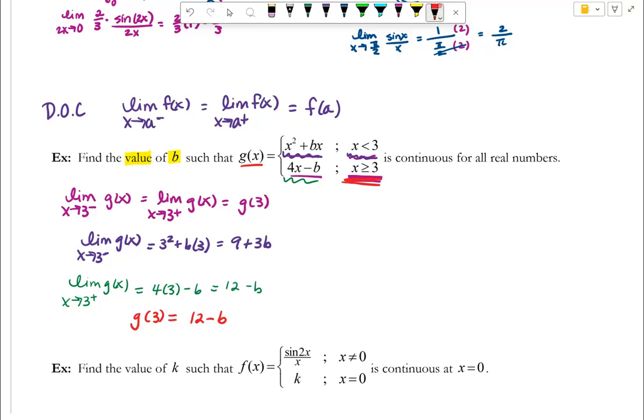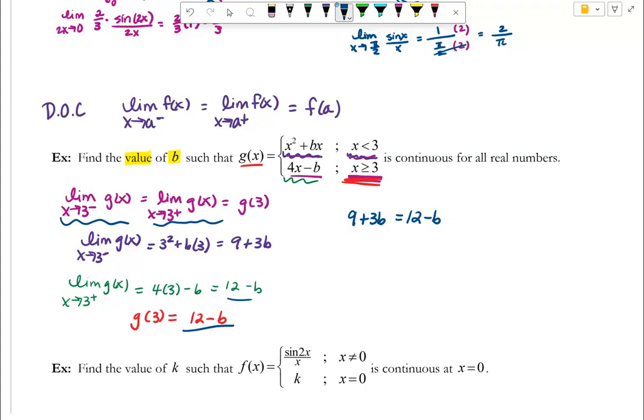So in order for these two pieces to be true, it must be the case that 9 plus 3b is equal to 12 minus b. So the limit from the left equals the limit from the right, which is also equal to g of 3.